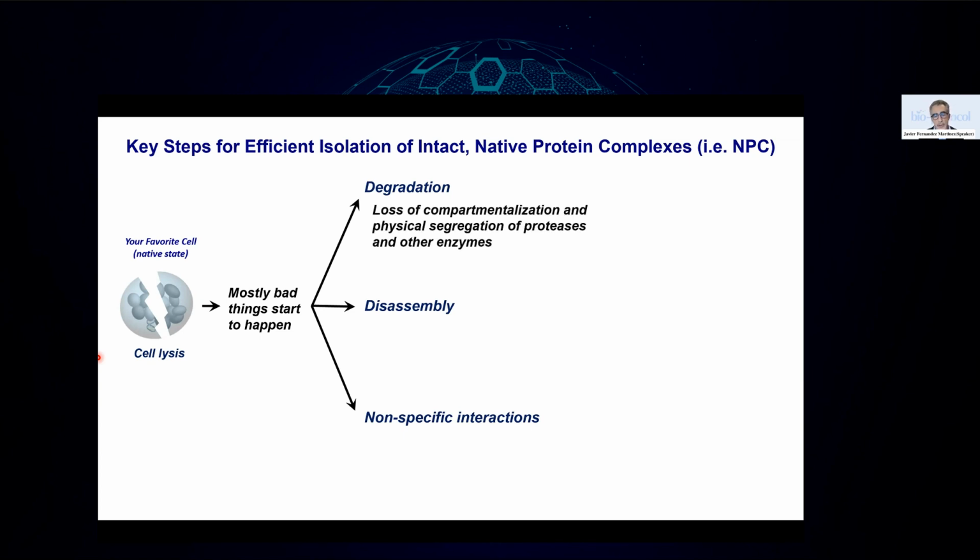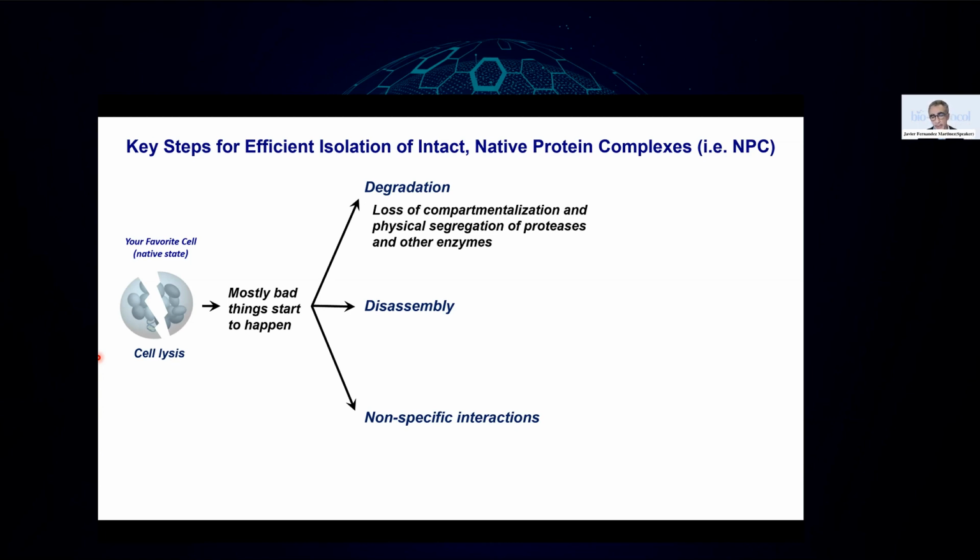Degradation, because you break the compartmentalization of the cell. So now everything is mixed together, including proteases, phosphatases, and many different enzymes that should not usually be in contact with the nucleopore complex are now going to get in contact with your complex of interest. And you have to try to avoid the action of those enzymes on your complex.